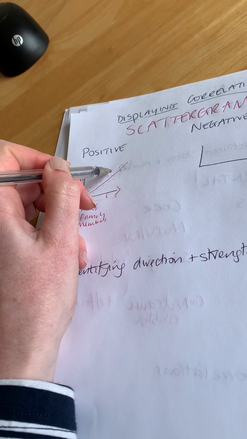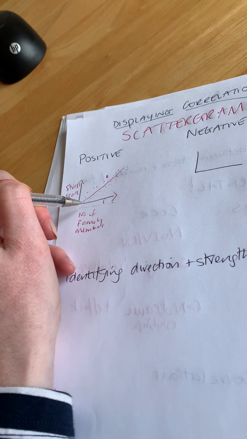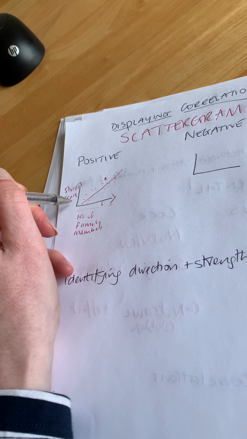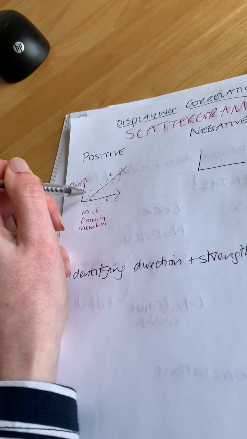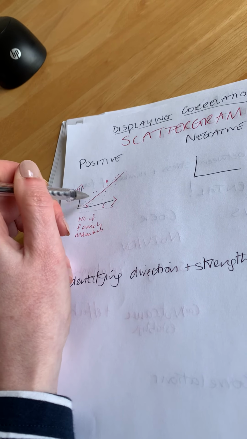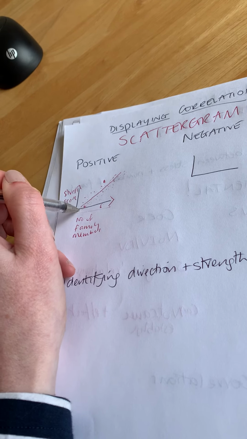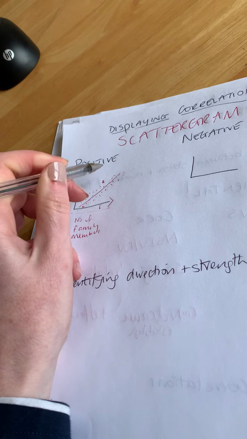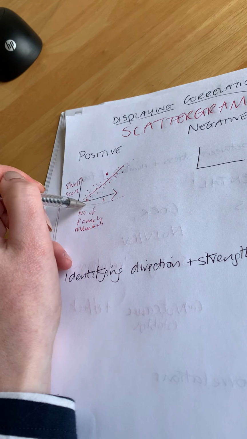So they would be plotted here. Participant 2 has only 1 other member in their family, and they've recorded a stress score of 5. So again, they would be down here. So that is how we go about plotting our points on our scattergram. And again, a positive correlation will show that general trend from bottom left to top right. Positive, as one variable increases, so does the other.